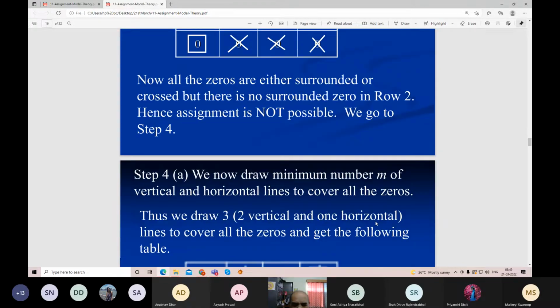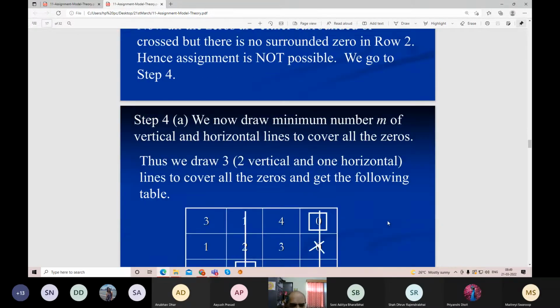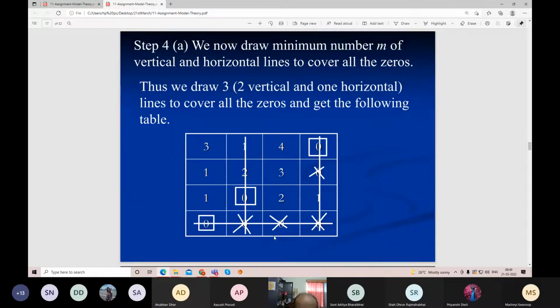What is step 4? Step 4 is like this. We now draw the minimum number of vertical and horizontal lines to cover all the 0s. So manually we draw the minimum number of vertical and horizontal lines to cover all the 0s.